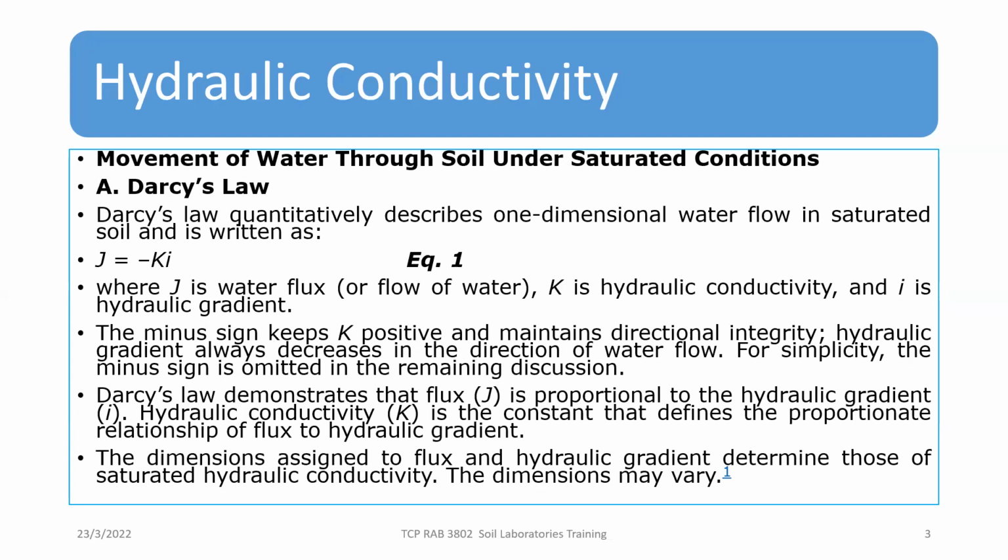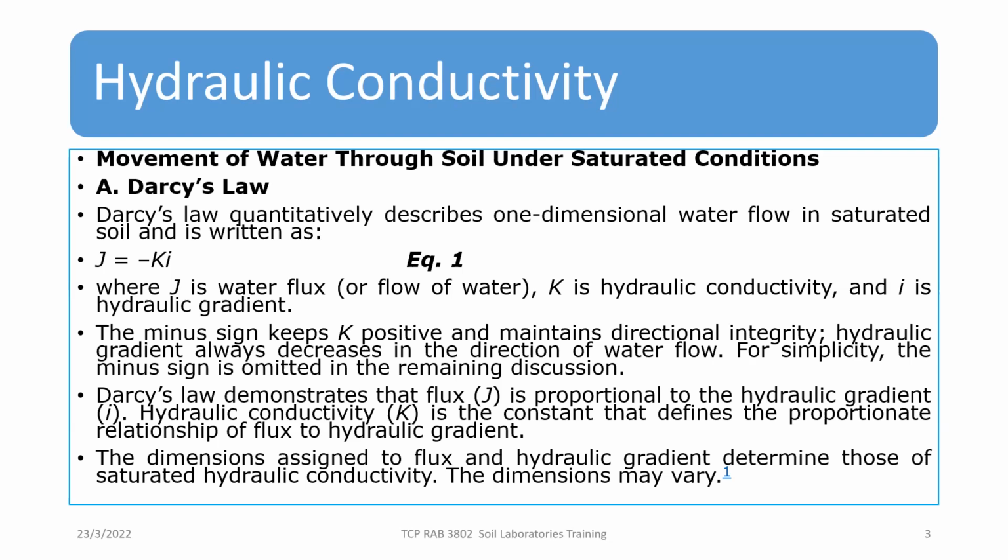So the movement of water through soil under saturated condition is governed by Darcy's law, which quantitatively describes one-dimensional water flow in saturated soil as written: J equals minus Ki, where J is the water flux or flow of water, K is the hydraulic conductivity, and i is the hydraulic gradient.